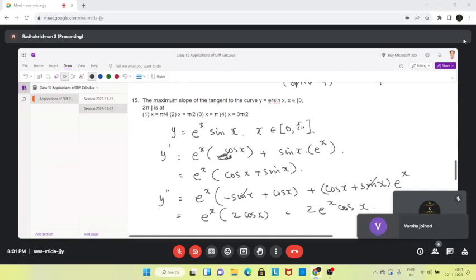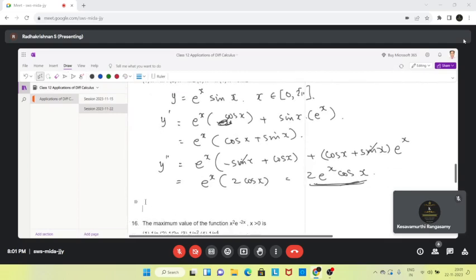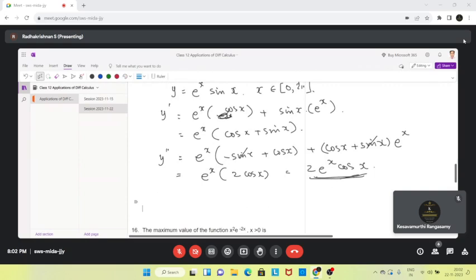So the maximum of the slope will occur when this is equal to 0. And you have to take the third derivative and verify that it is negative. To equate this to 0, the 2 is not 0, e power x is not 0, so cos x has to be 0.